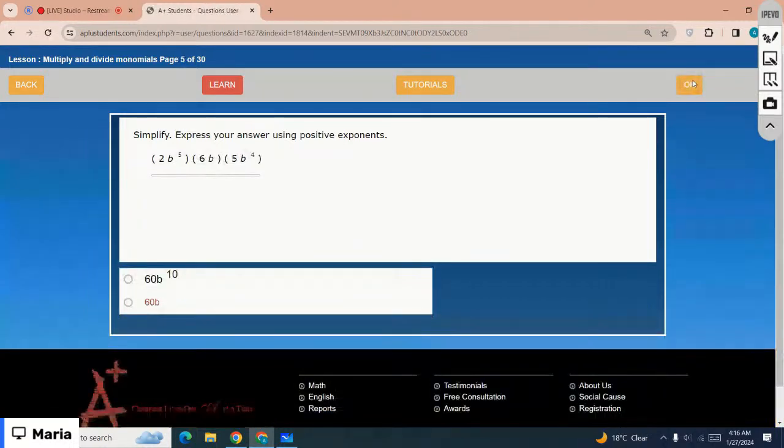Okay, the next one is simplify. Which option is the correct one?